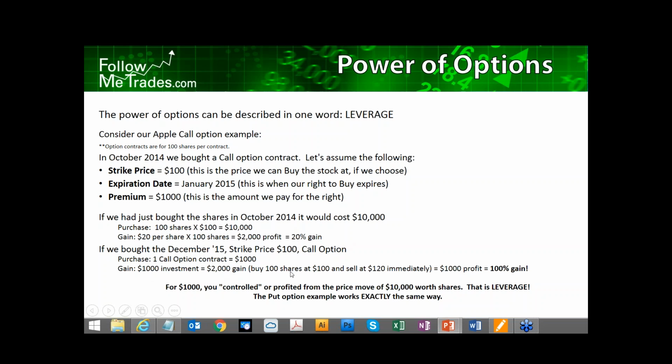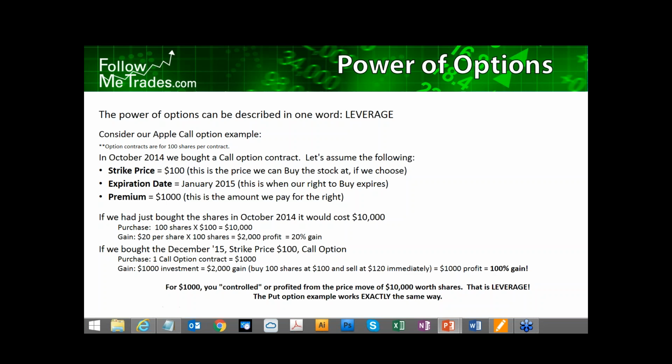Because we have this contract, we can just exercise it and buy Apple at 100 and sell it at the same instant at $120. That's $2,000 in gross profit. We had to spend $1,000 for the contract, so we made $1,000 in net profit. That's a 100% gain. We put $1,000 at risk and made $1,000 in profit.